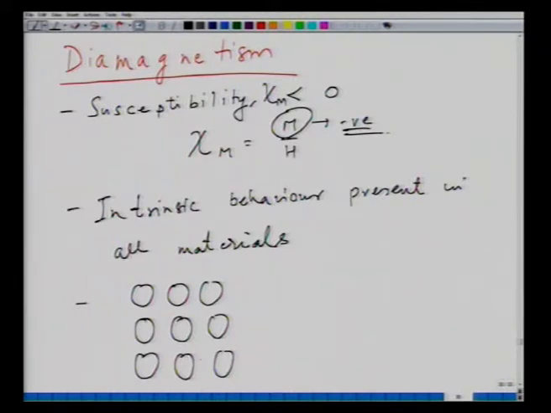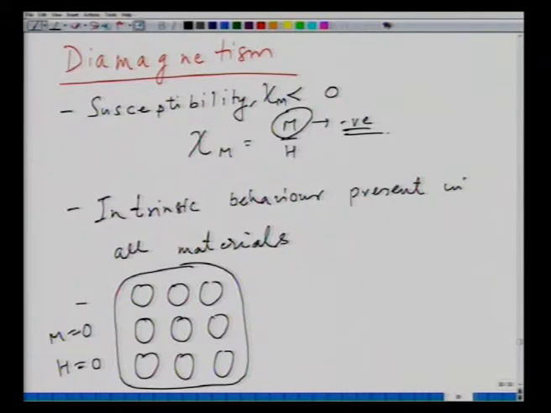So, when H is equal to 0, then M is also equal to 0, which means there is no picture which gives you any clear picture of the spins. And this typically happens in materials with filled or closed outer electron shells.